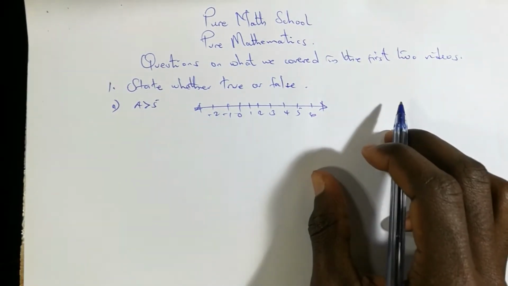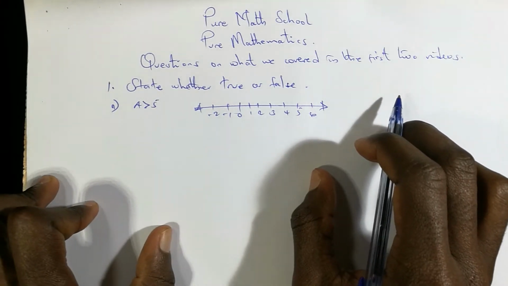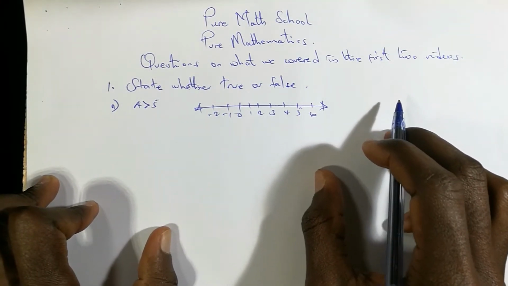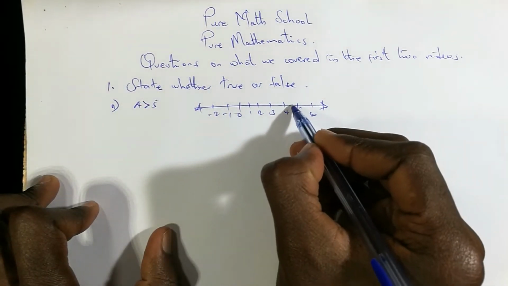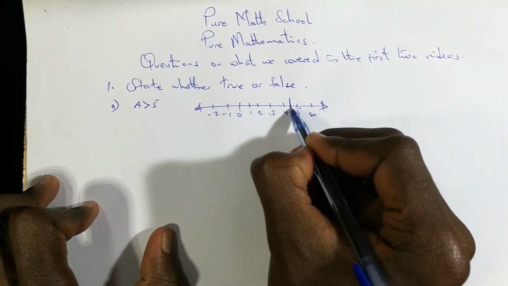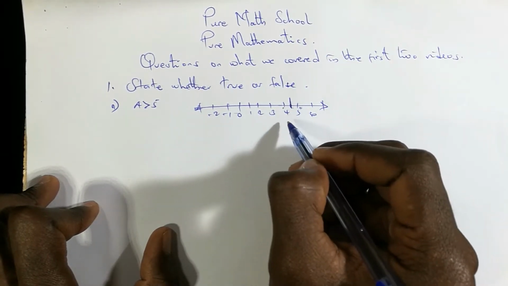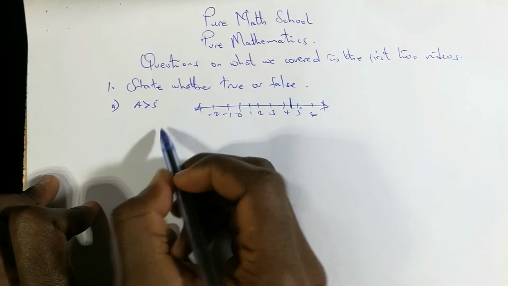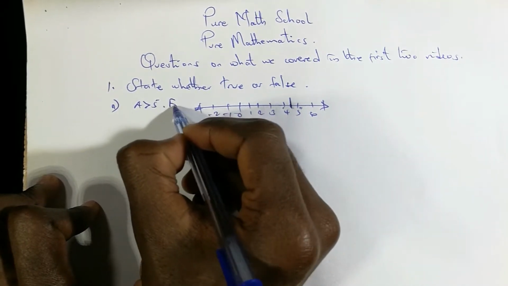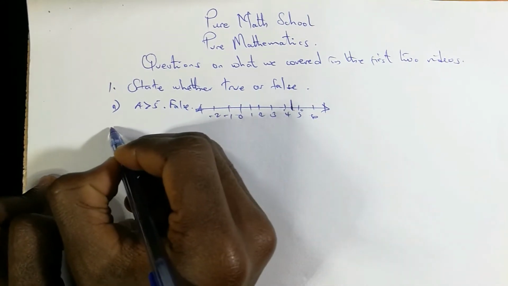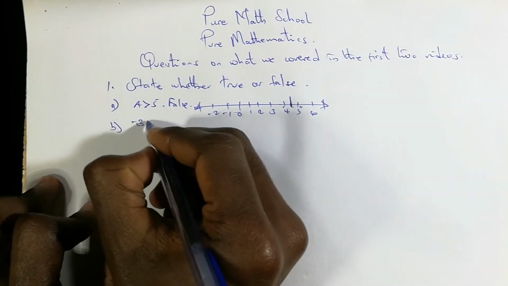Remember we said in our first video that a number which is always on the right is always bigger than one on the left.